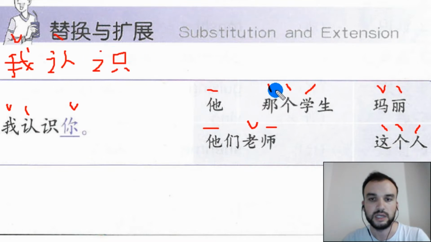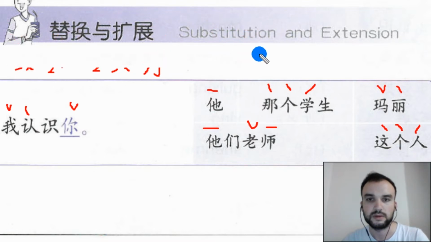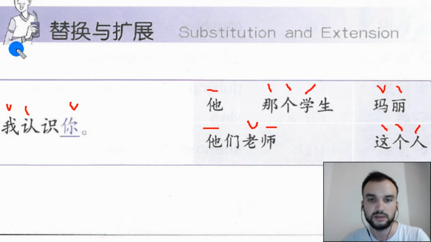我认识那个学生. I did control Z, but I cleared all of them. I don't know why.